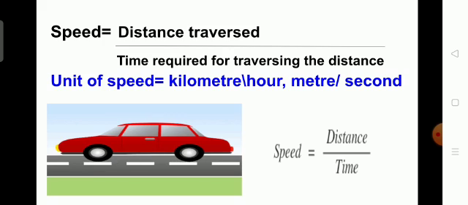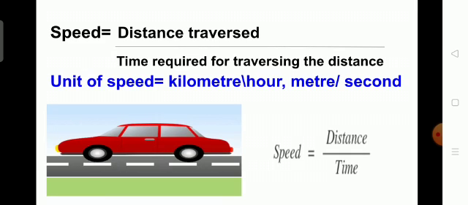So the unit of speed: as the unit of distance is kilometer and the unit of time is hour, then the unit of speed becomes kilometer per hour. Or if the unit of the distance is meter and the unit of the time is second, then the unit of speed is meter per second.